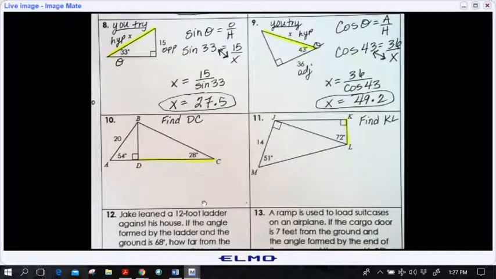Now that we've got these double triangles happening, we are going to need to find this side DC, and I've highlighted it for us, okay? But I don't know any of the side measures for any parts of this triangle. So I'm going to need to start over here. I have one side length and I have an angle.